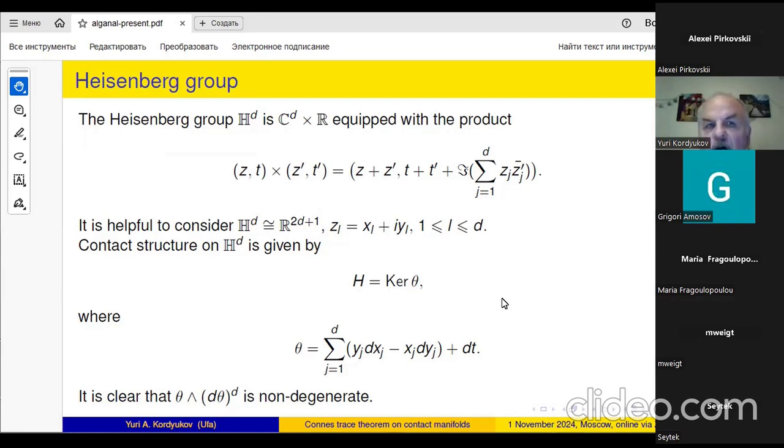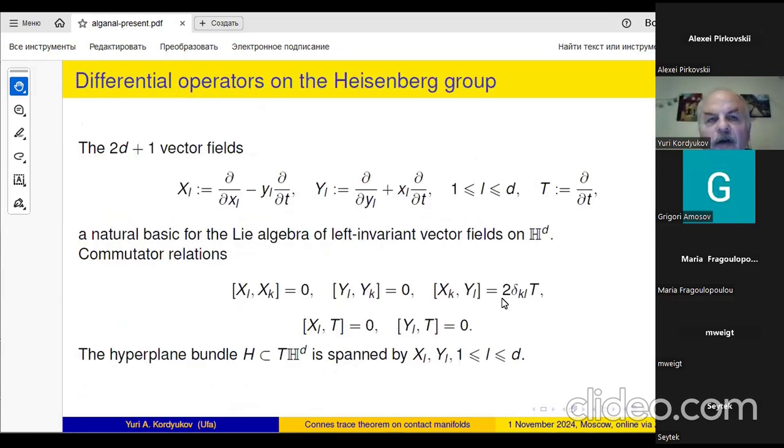But for contact manifolds, this is given by the Heisenberg group. And the fact that this is a local model is given by the Darboux theorem. And the corresponding Darboux theorem we have in this case.